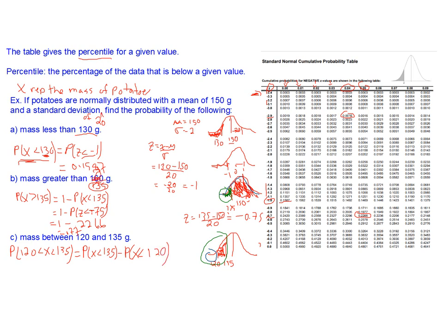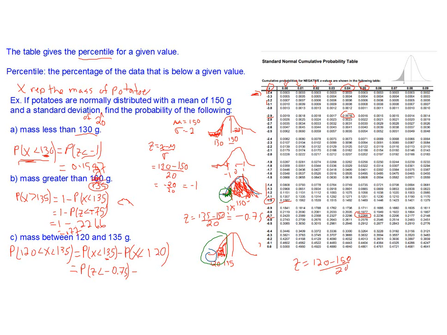So again, we would go through the process of converting these to z-scores. We've already done the 135 as a z-score. We did it up in the example up here. So this is the probability that z is less than negative 0.75. And we want to subtract from that, and I'll just do the calculation over here for 120. Z is equal to 120 minus 150 over 20.